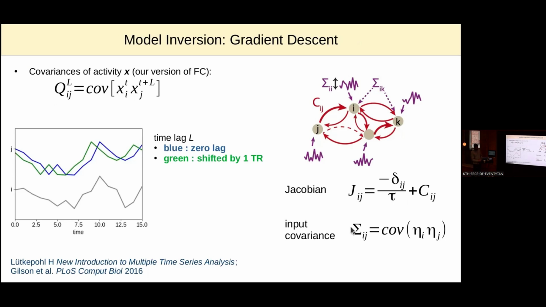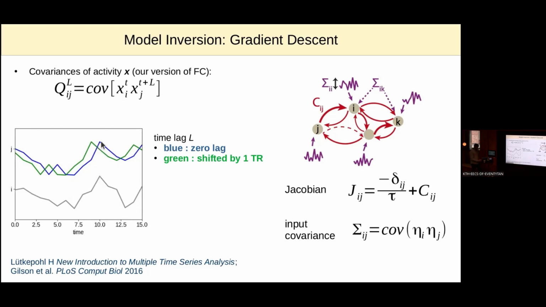These parameters determine it in a unique fashion, so you've got a one-to-one mapping between them and the covariances. But for that, you need to look not only at the zero-lag covariance, when you take two time series like the blue and the gray here, but also when you shift one time series, from blue to green, to look at the covariance, and that's capturing the propagation nature of the signal.